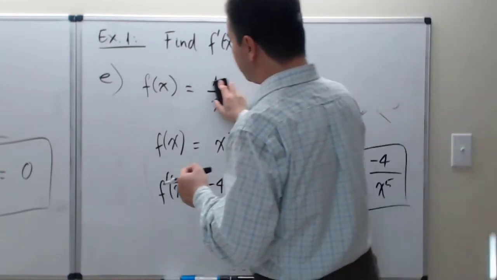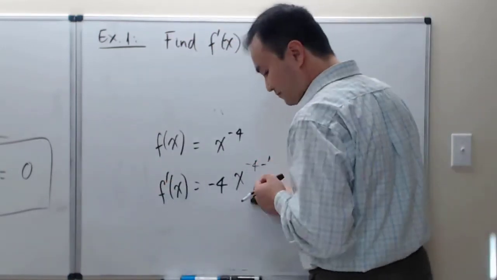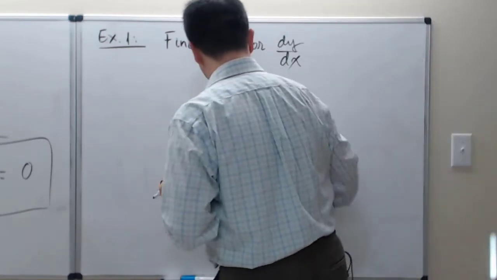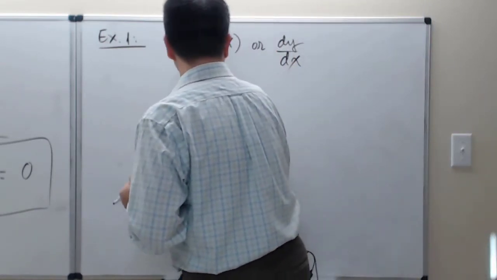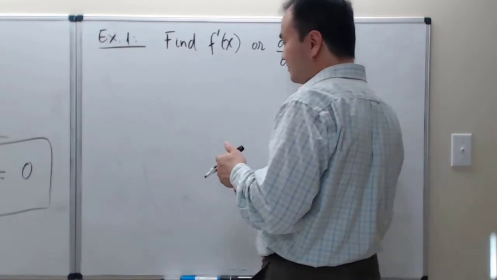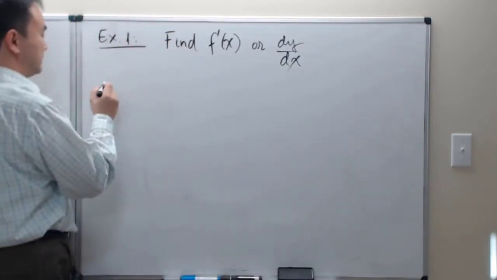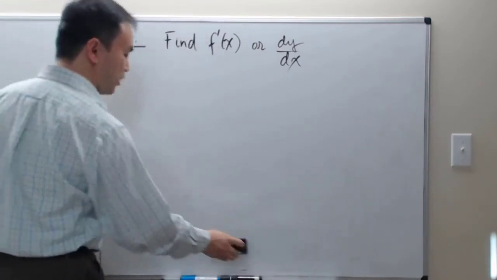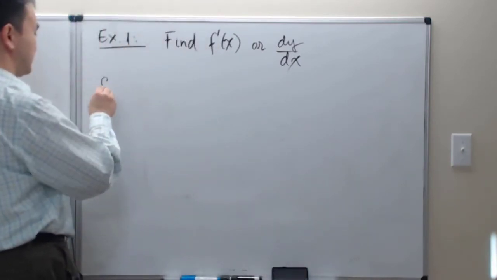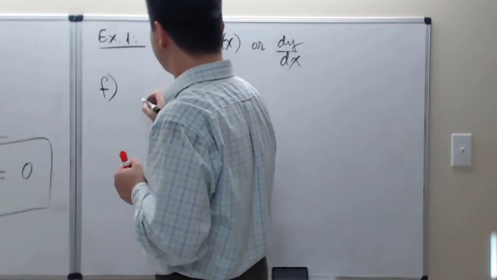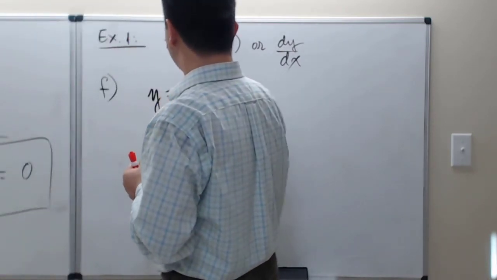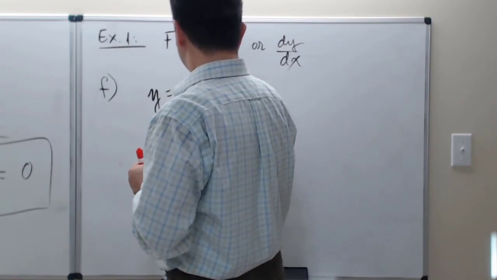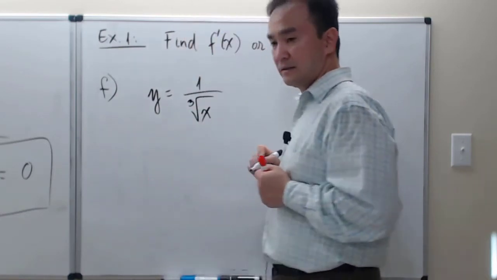Let's look at another problem right here. And this is actually not question D, this is question F. So how about y equals 1 over the cube root of x.